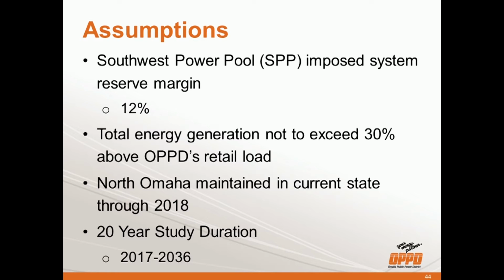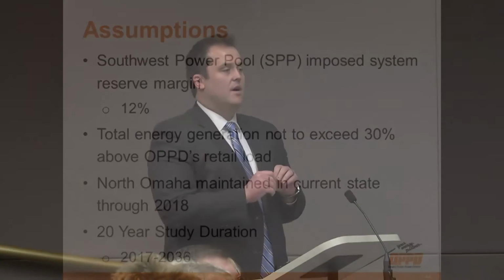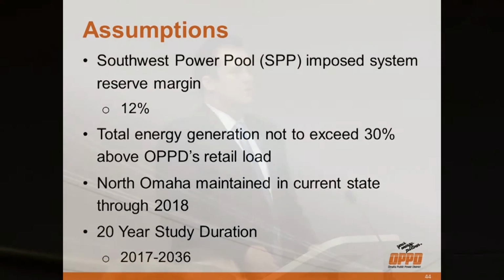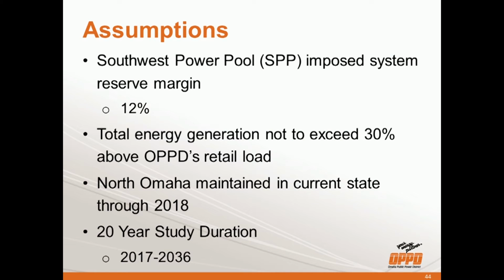So the intent there was we said, hey, if there's an optimization potential here and we want to make a change to North Omaha, please do not suggest that prior to 2018 because we want to have time to understand that and potentially react to it. And finally, the duration of the study was in fact 20 years from 2017 to 2036.